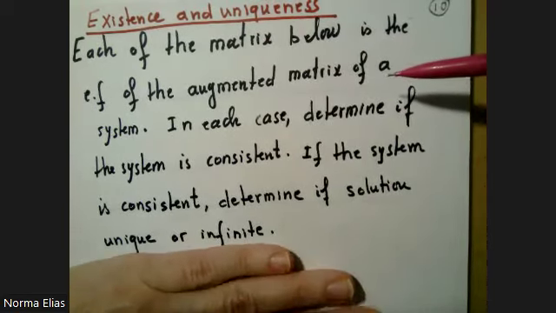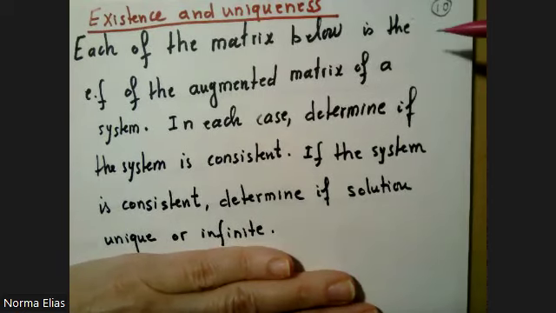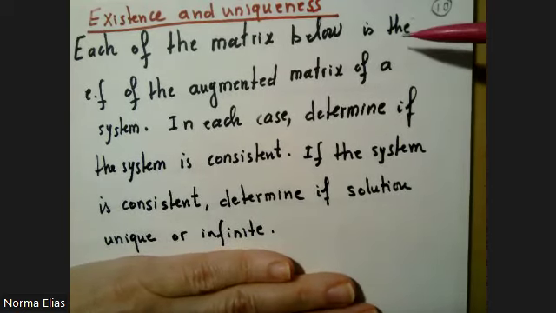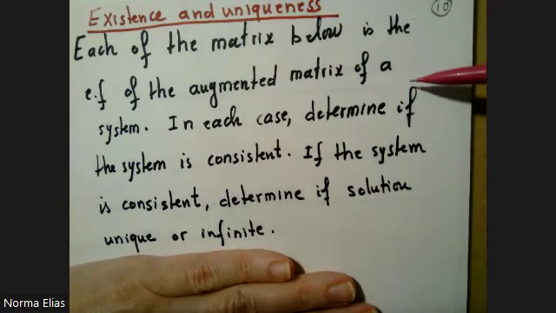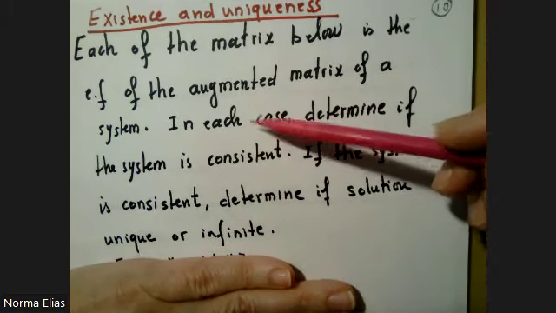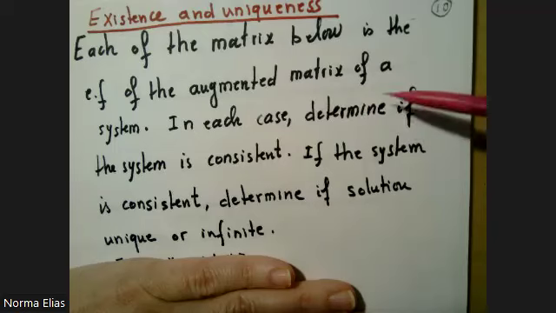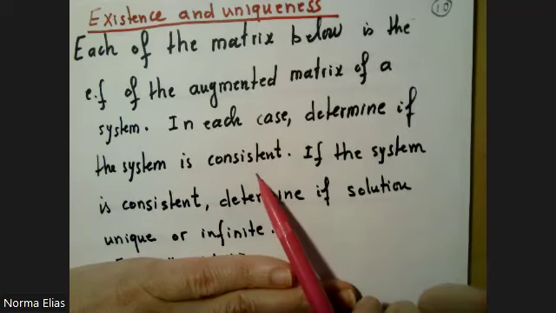I'm going to show a bunch of matrices, and each of the matrices below is the echelon form of the augmented matrix of a system. It means there is a system somewhere, we reduce it, and we get to the matrix I'm going to show you. In each case, determine if the system is consistent.